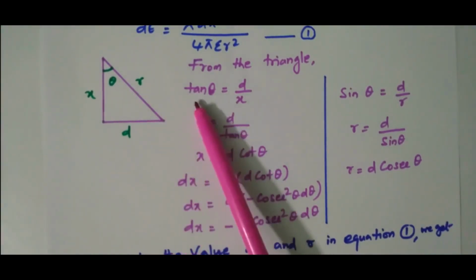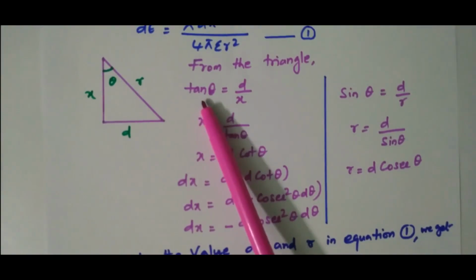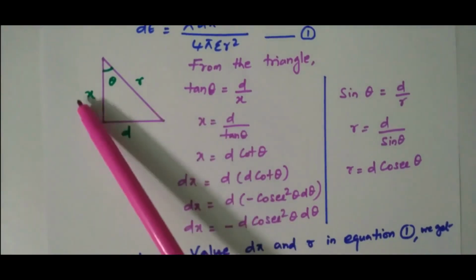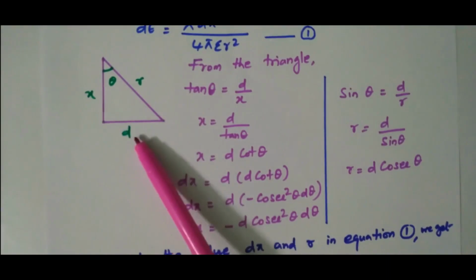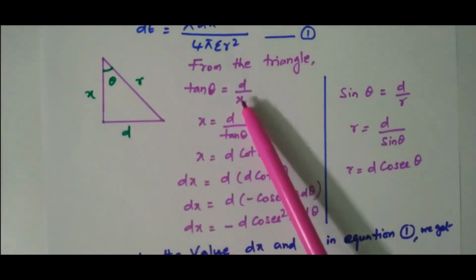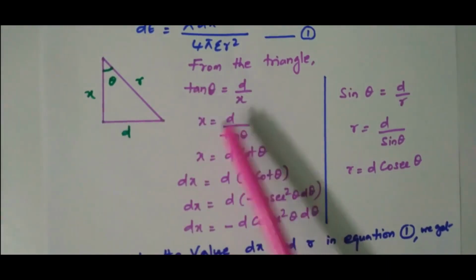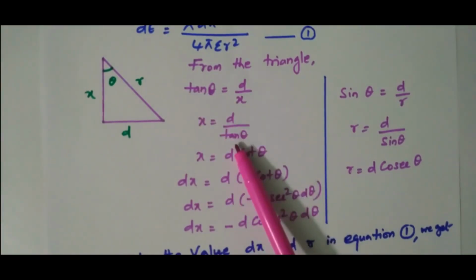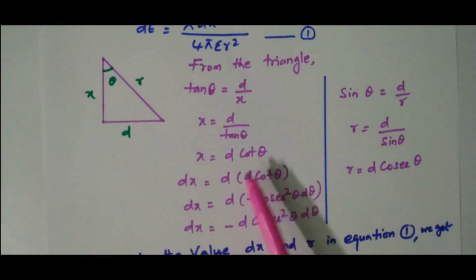Find the expression for tan theta. Tan theta means opposite side by adjacent side, d by x. Rearranging, x equals d by tan theta. 1 divided by tan theta is cot theta, so x equals d cot theta.